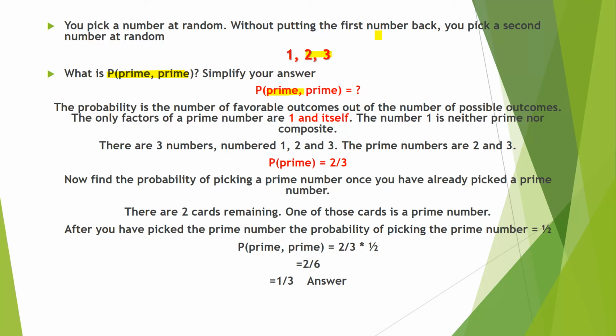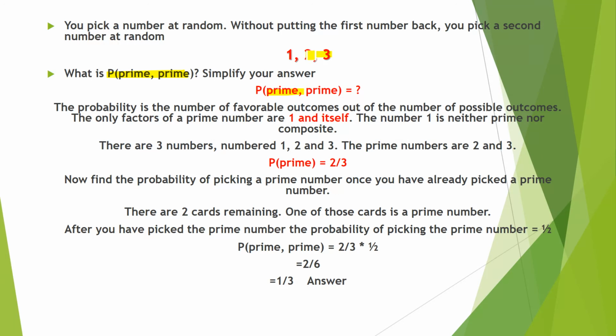First you have to pick one prime number. Anyone, maybe you will pick 2 or 3. So there are two chances. These two are prime and the total is 3. So the first probability of prime is 2 by 3. Second, now find the probability of picking a prime number once you have already picked a prime number.